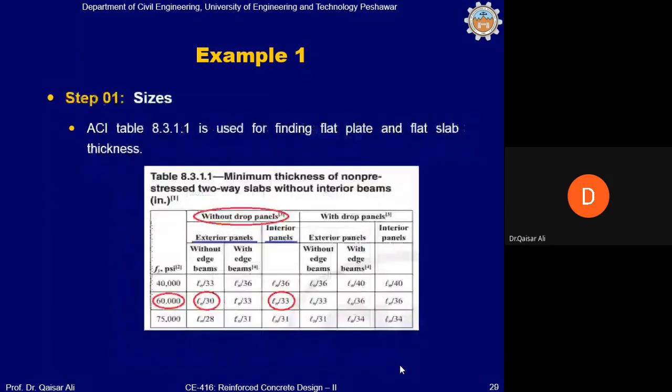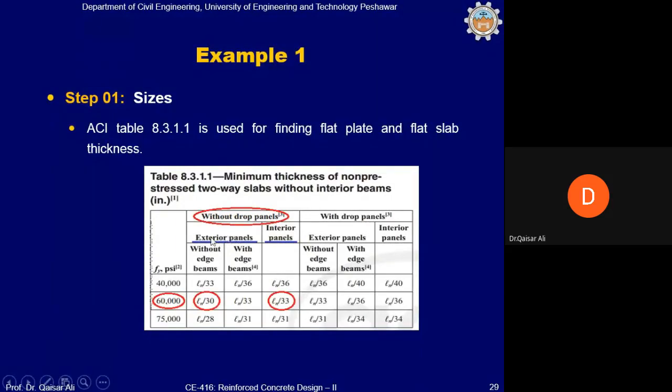Okay, so first of all, we will now select the size of the slab using this table. Since there are no drop panels, it is a flat plate system. So in a flat plate system, the relevant equations are without drop panels and for exterior panel.